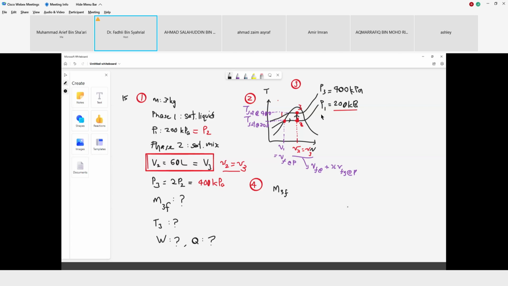Okay, for the final state, yang ni lah, state number 3 ni. This one. Find this mass.